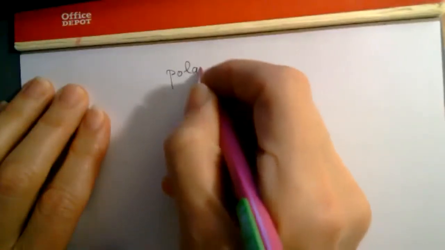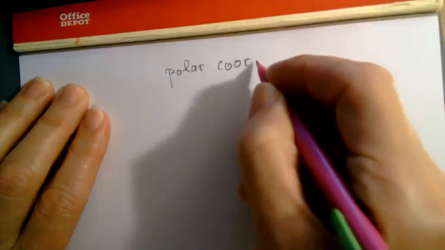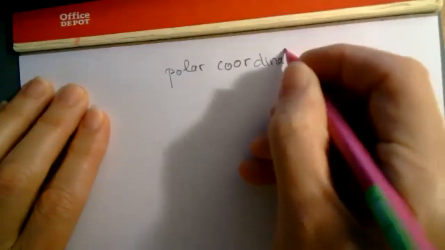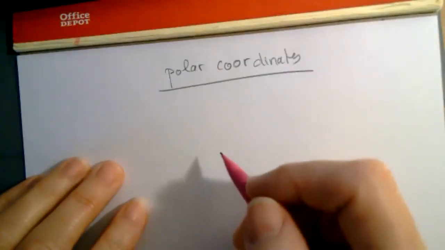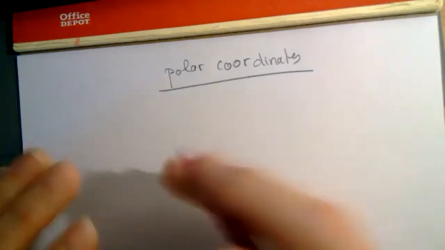So we're working now with polar coordinates. I will quickly remind you of the basic definition of it, and then we proceed. Polar coordinates are actually another way of locating points in the plane besides the Cartesian.